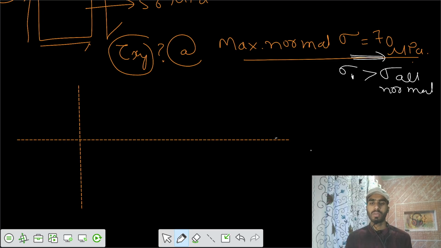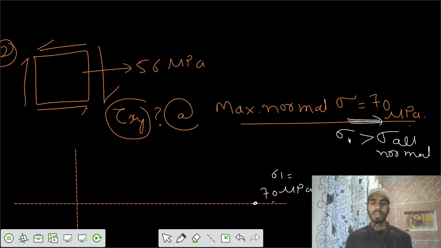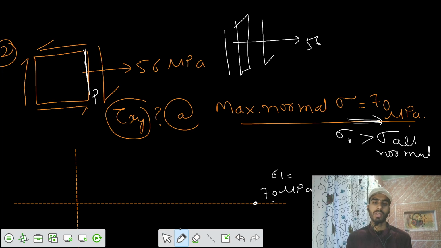So your major principal stress is 70 megapascal, sigma 1, and there is some plane P, on which sigma 56 is acting, positive, and shear stress clockwise, that's positive shear stress, tau. And on sigma y, we say that sigma y is 0, because no stress is acting on plane Q.